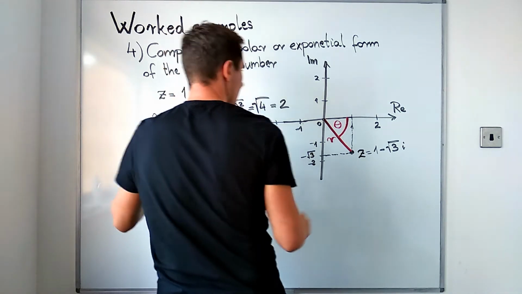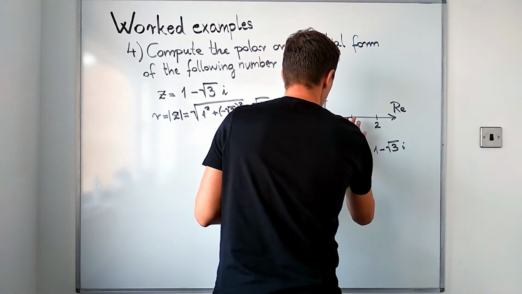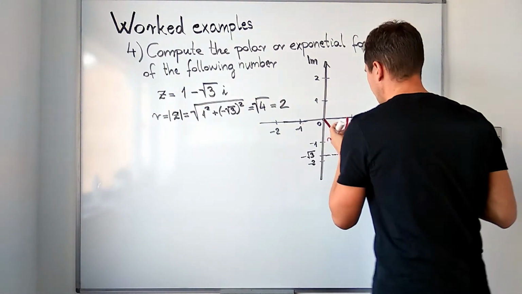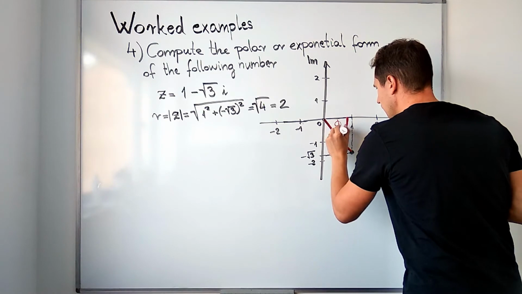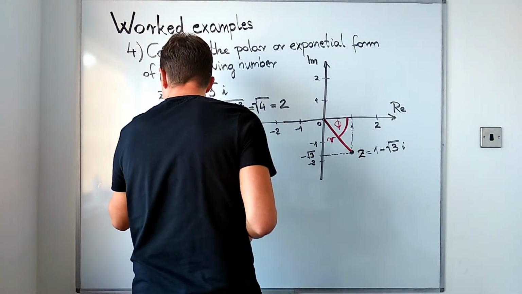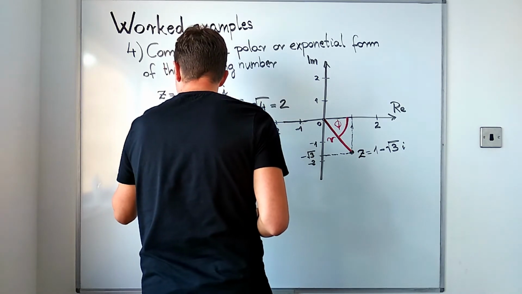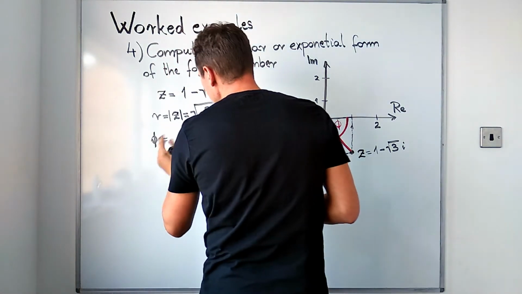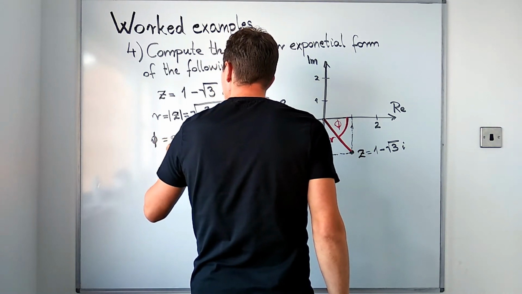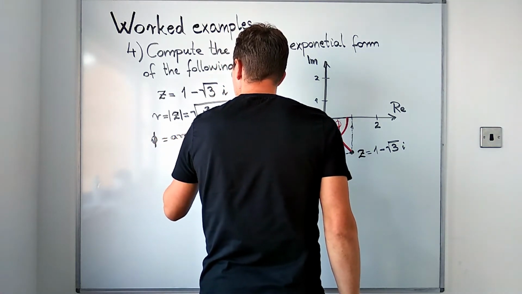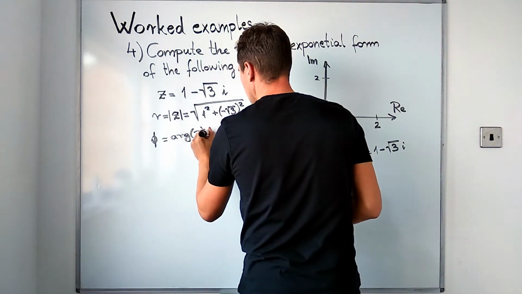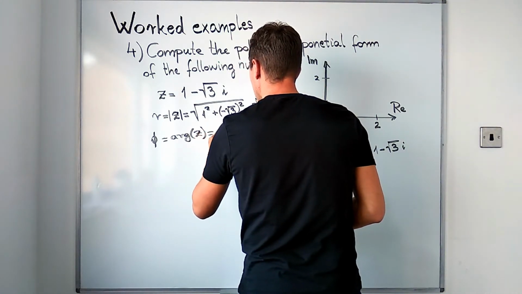For the argument, we usually use the Greek letter phi for this, so let me just stick to what we've been using in the lectures. So phi, the argument of our complex number, has to be calculated using what we learned.